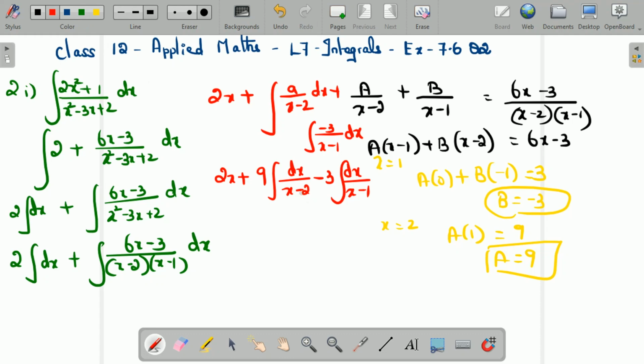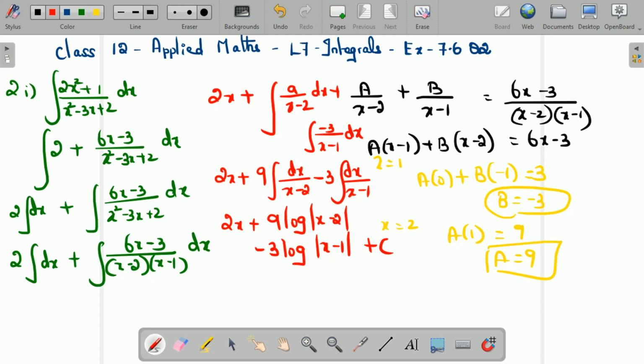Now we perform integration by substitution. The first term is direct integration, done. For x minus 2, if you put it as t, this will become dt by t. So this is 9 log of (x minus 2) minus 3 into, similarly if we put x minus 1 equal to t, this integration will reduce to dt by t. So this is minus 3 log of (x minus 1) plus c.